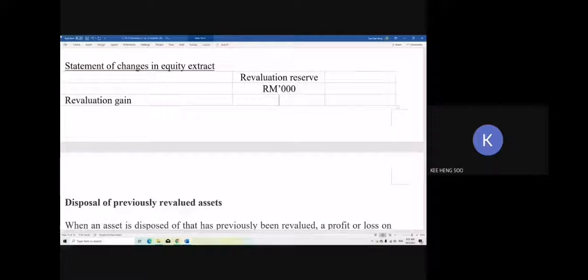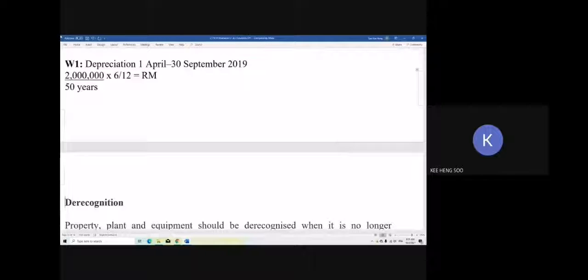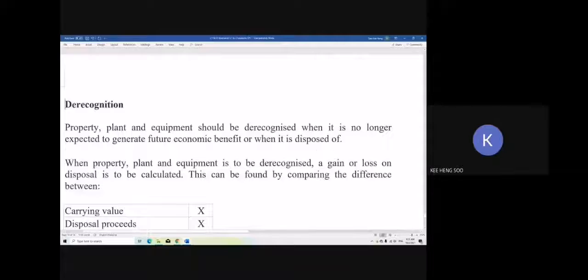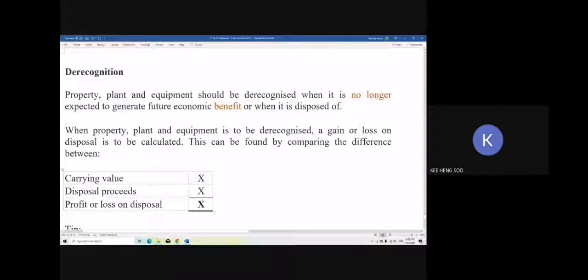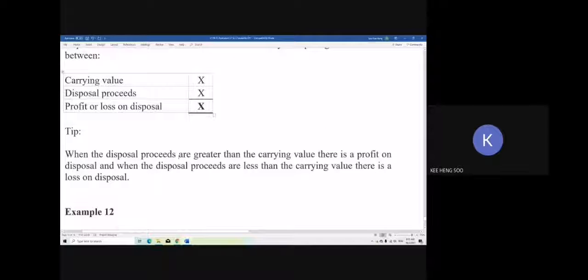Derecognition means you don't want it, don't want to record it, no longer any benefit, or when you sell it, no more benefit. So you need to calculate gain or loss. When the disposal proceeds are more than the carrying amount, you get your gain; otherwise it will be a loss.